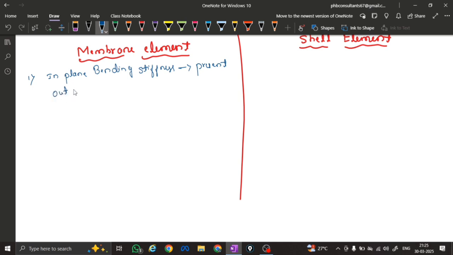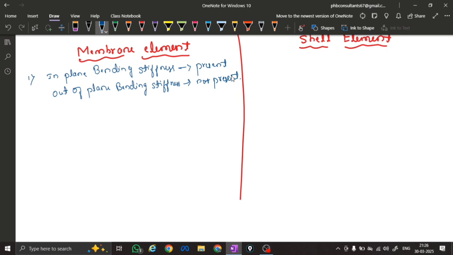It means out of plane bending stiffness is not present. Okay, we can say not present.